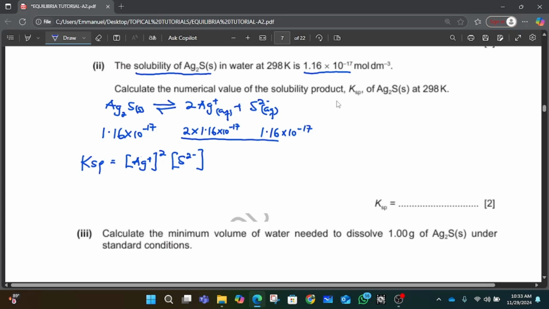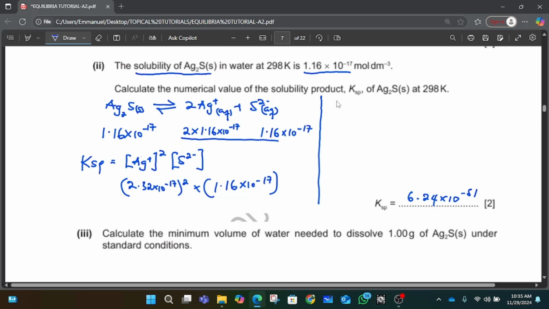The concentration of Ag plus ion is 2 times 1.16 times 10 power minus 17, which is equal to 2.32 times 10 power minus 17, squared, times the concentration of the sulfide ion, which is 1.16 times 10 power minus 17. And so if you do this, you get Ksp as 6.24 times 10 power minus 51.